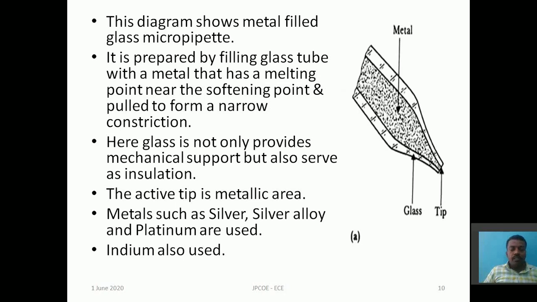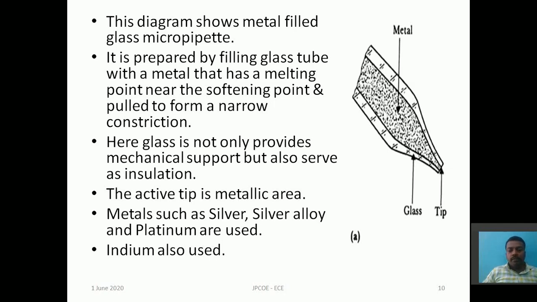This is a cross sectional view of metal inside the glass. The diagram shows a metal filled glass micropipette. I think you have used a pipette in the physics laboratory.